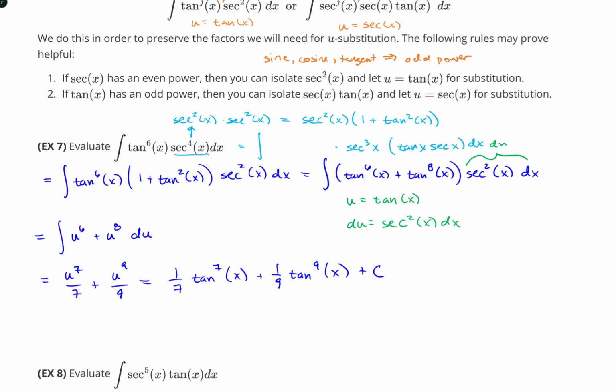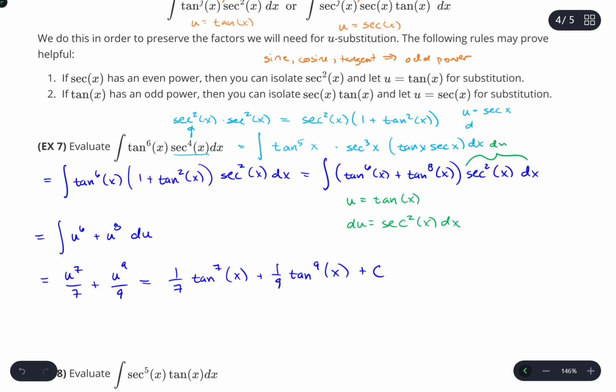But then I would have also broken down tangent to the sixth as tangent to the fifth x. Now, in this respect, I would be letting u be secant of x, and then my du is, of course, the tangent x secant x dx.